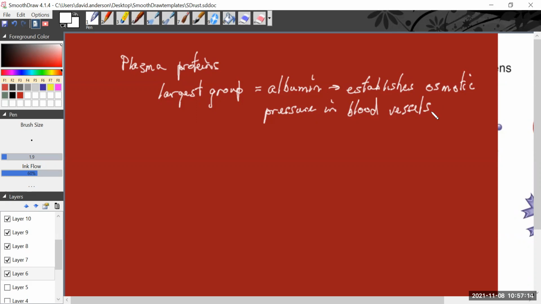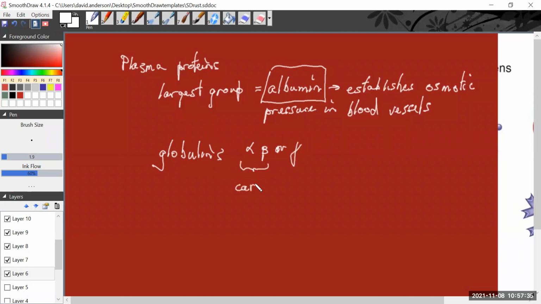So other examples of plasma proteins. We have our albumin group, and then we have a group that are called globulins. Globulins can be described as alpha or beta or gamma. Alpha and beta proteins are often carrier proteins.